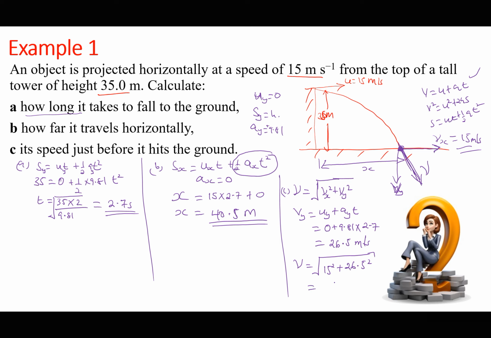So V is going to be about 30.5 meters per second. That will be the velocity with which it hits the ground. So just see how I played with this question up to the end. You should also be able to do the same thing.